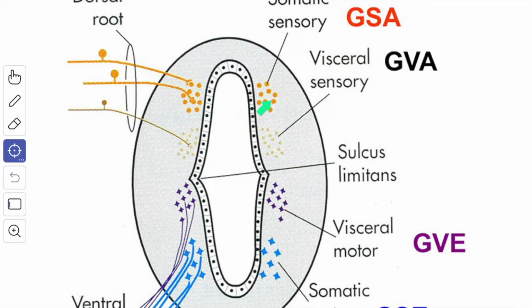So the four columns from ventral to dorsal are the general somatic efferent, the general visceral efferent, the general visceral afferent, and the general somatic afferent. The ventral parts are efferent because they are motor, and the dorsal parts are afferent because they are sensory. And the visceral components lie close to the sulcus limitans.